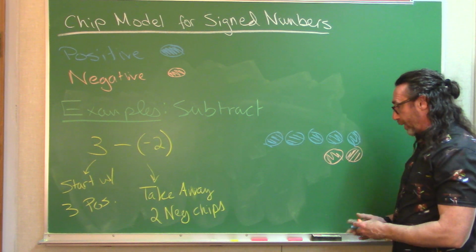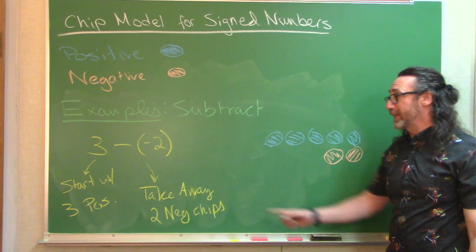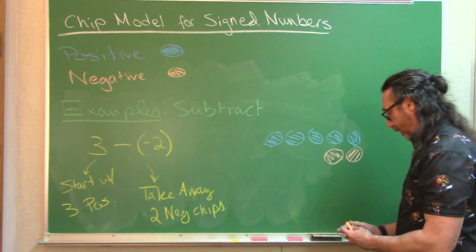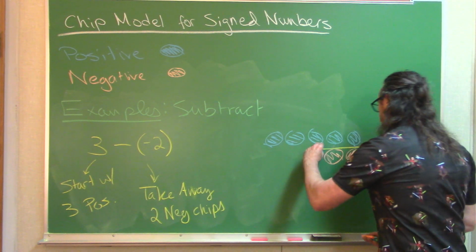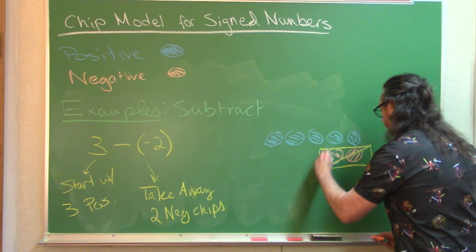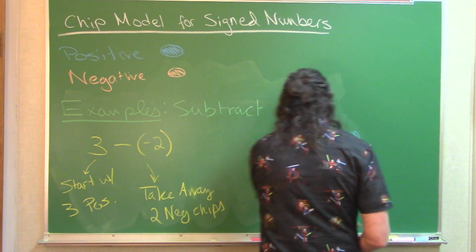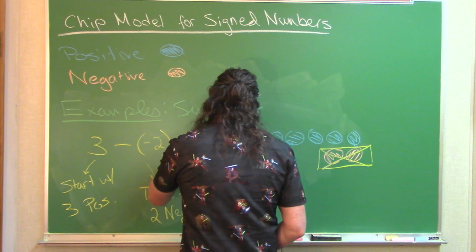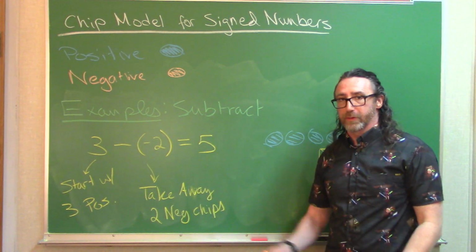Now going here, we can actually see in this representation we can take away our 2 negative chips. So we get rid of those. Those go away. And we can see that 3 minus negative 2 should be 5.